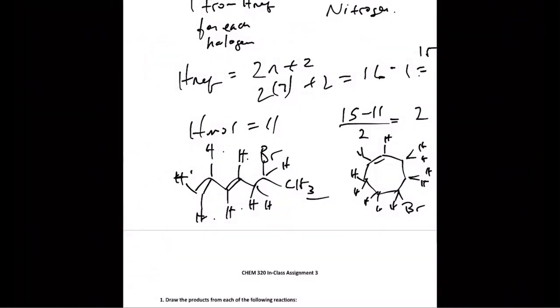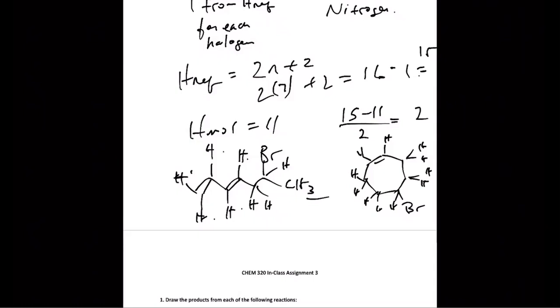You figure out the degrees of unsaturation, and then you can propose a structure based on it. But the structure has to be a valid Lewis structure. It cannot have octet violations in it or something like that.